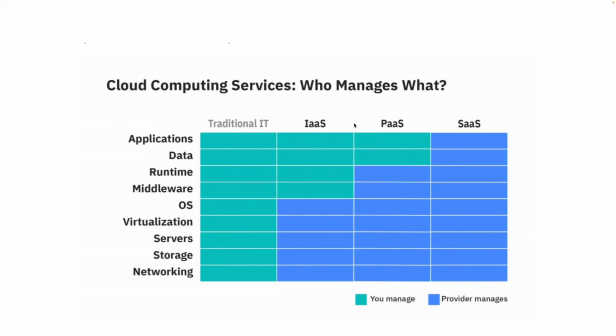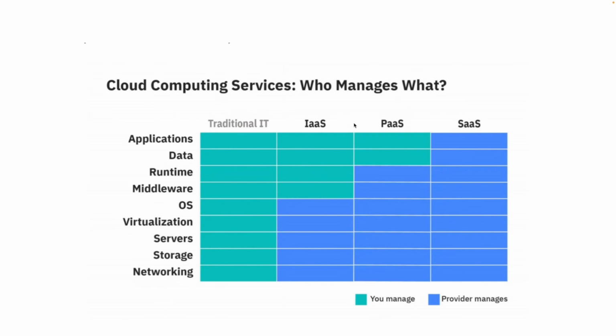Now, what is platform as a service? As you can see, only two elements, which are applications and data, need to be handled by the organization. The rest of the elements are completely managed by the provider. So let me take an example here. Let's say I want to design and build a movie streaming application using React and Node.js, and I want someone to handle my runtime, virtualization, and deployment over the cloud.